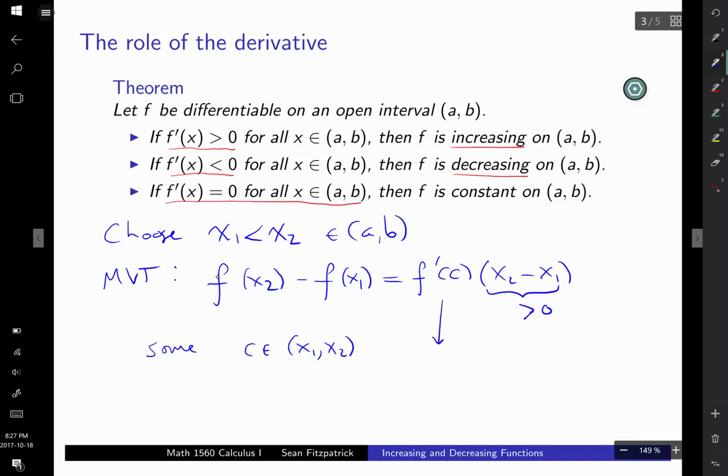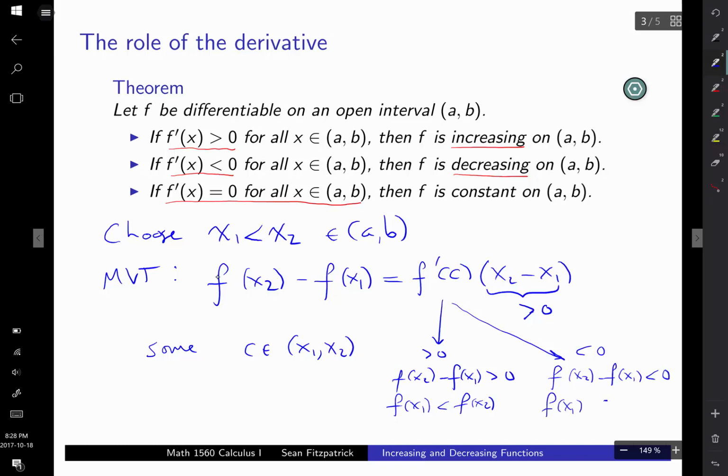So if this is bigger than 0, then we know that f of x2 minus f of x1 is bigger than 0. So we know that f of x1 must be less than f of x2, and we've got an increasing function. On the other hand, if the derivative is negative, if it's less than 0, well, then it's a negative number times a positive number. So f of x2 minus f of x1 is less than 0.